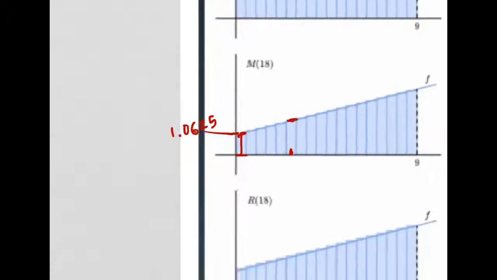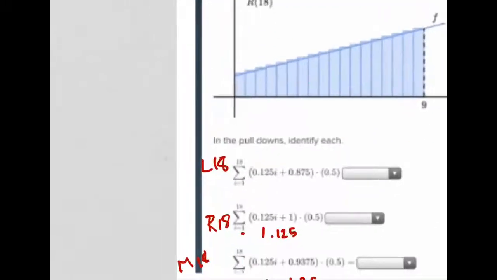I knew that the height of the first rectangle corresponds to i equals 1, so I just checked the first rectangles. And there you go. Hopefully that's helpful.